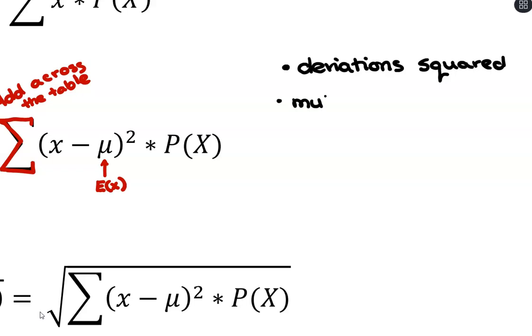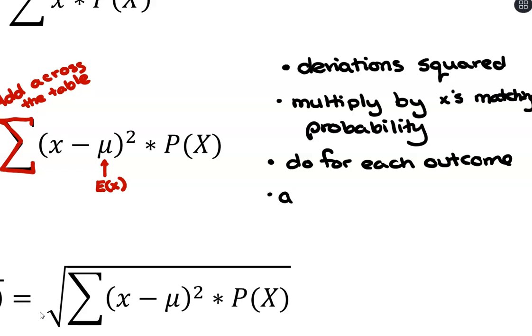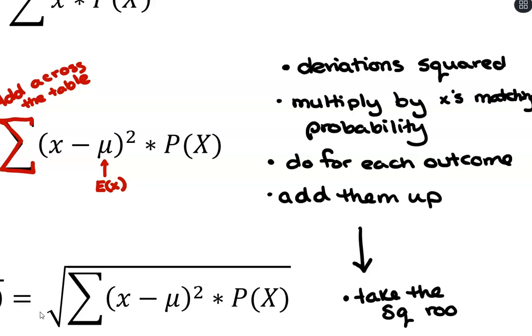Then we want to multiply by x's matching probability. And then we're going to do that for each outcome on the table. And then we add them up. And then for standard deviation, we take the square root.